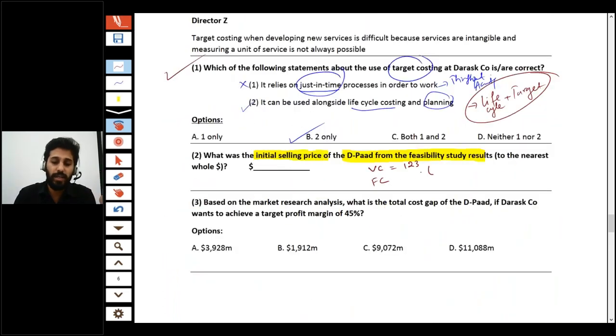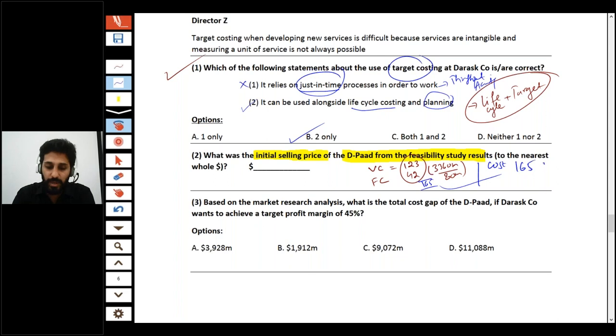So it's 123 plus 3360 million divided by 80 million, which becomes 42. Your cost is 123 plus 42, that is 165.